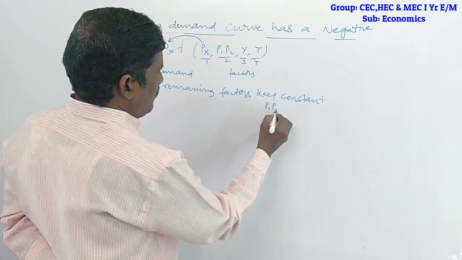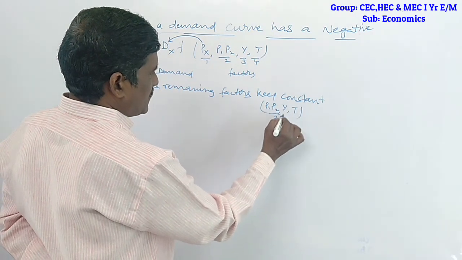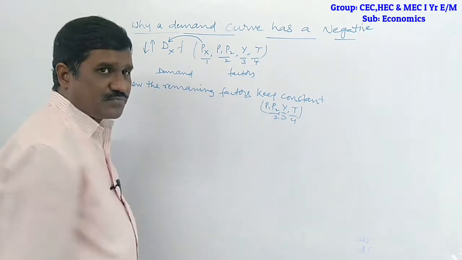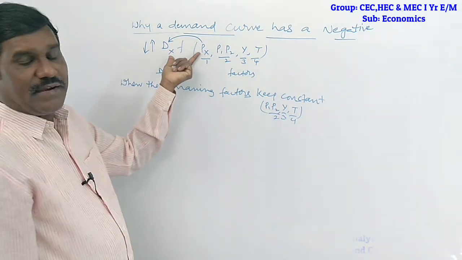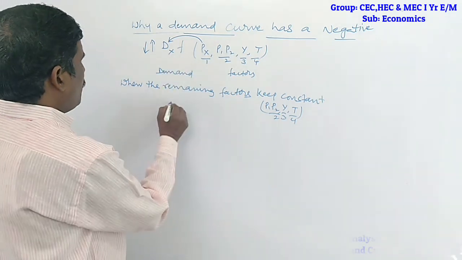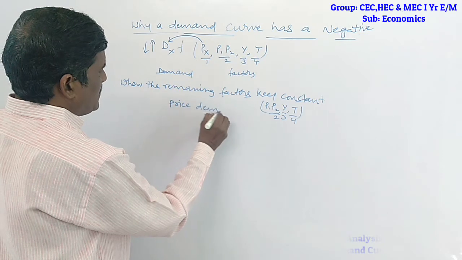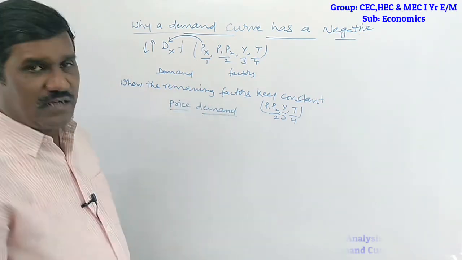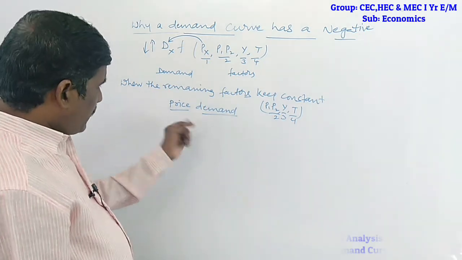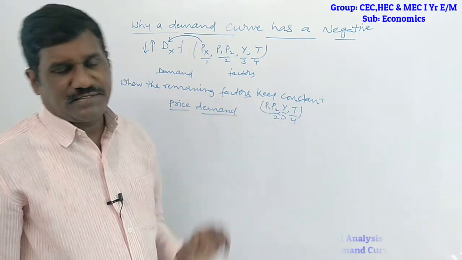P1, P2, Y, the second, third and fourth factors. Only the relationship between price and demand. So the concept we are discussing is only the price demand. Simple. The price demand concept is applicable when the remaining factors are kept constant.